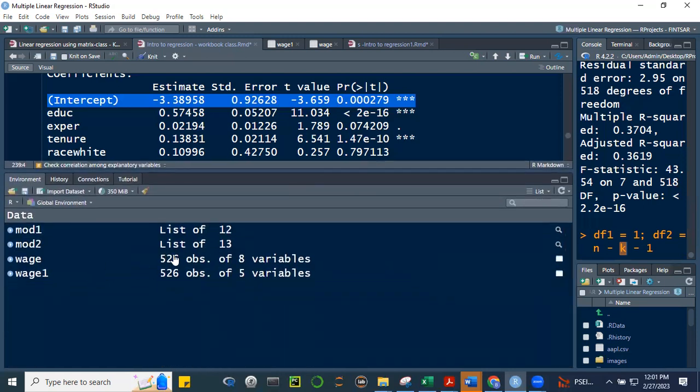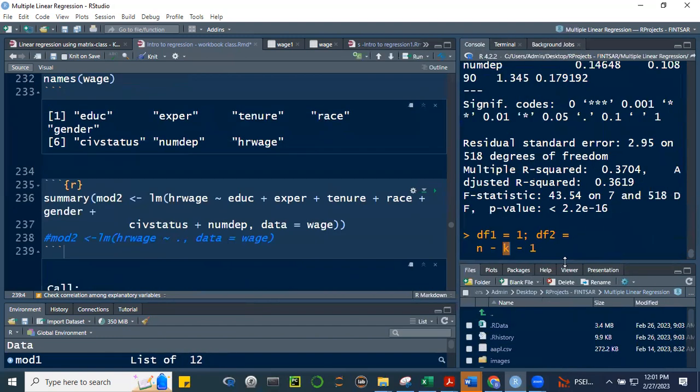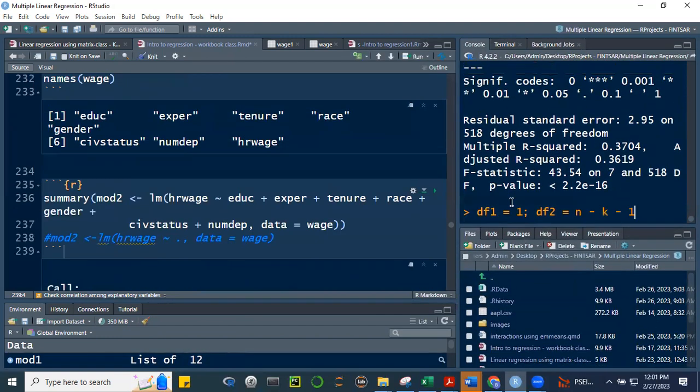So, ano natin? 526. Minus k. Ilan yung predictors natin? 1, 2, 3, 4, 5, 6, 7. 7 predictors. So 526 minus 7.